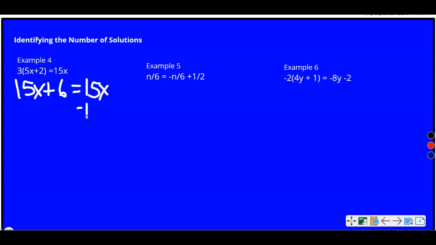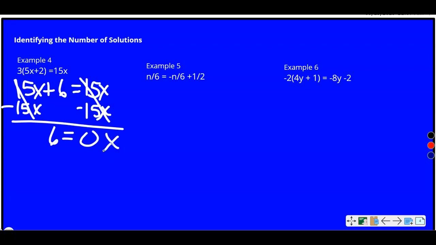Okay, if I subtract 15x from both sides, this is going to cancel and this is going to cancel, and that's going to give us 6 equal to, there's nothing over here, so 6 equals 0. Is that true? No, 6 can never equal 0, so that is not true. So that means there is no solution. There is no solution to this question here.